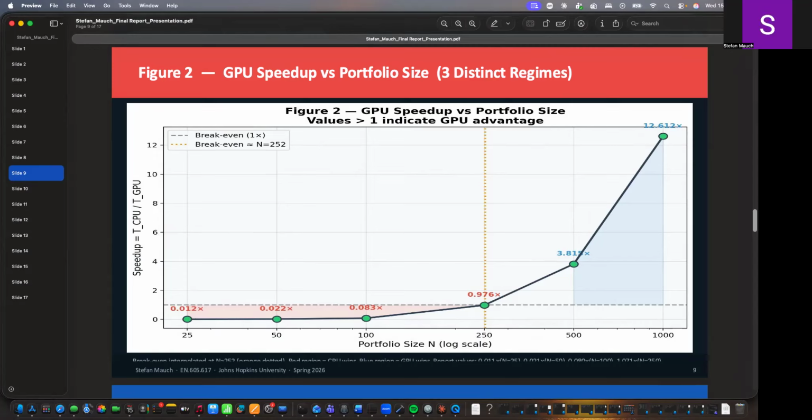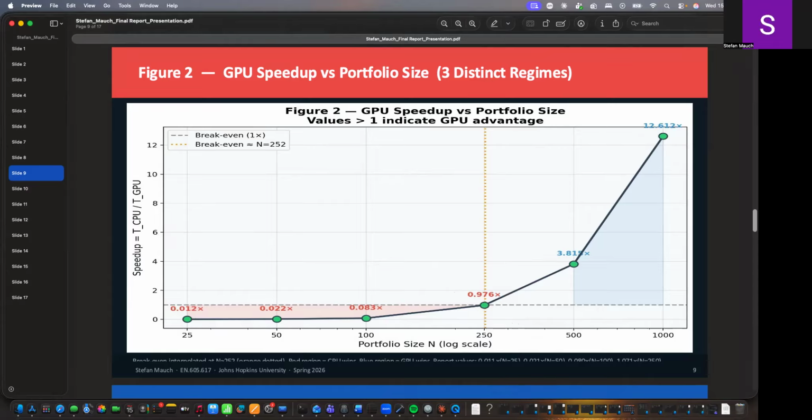So below a number of 250 assets, the speed up is less than 1, meaning GPU is slower. Everything above the GPU is faster, and in between there's a break-even point. And let me check the exact number. I think the exact number was a bit lower, like 248.